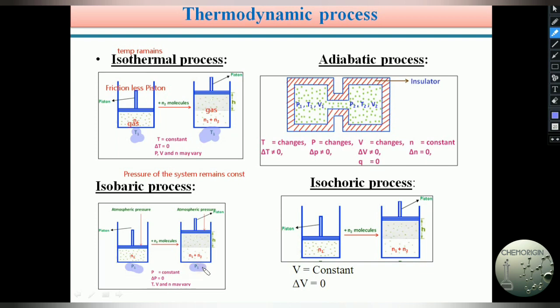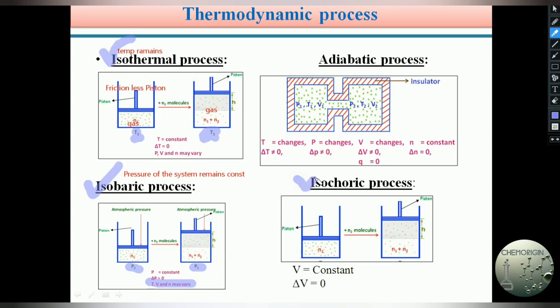So the pressure of the system remains constant. The remaining variables, temperature, volume and chemical composition, may vary. Those types of process are known as isobaric process. If the temperature of a system remains constant, it is known as an isothermal process.